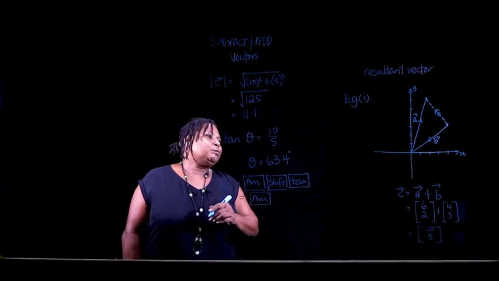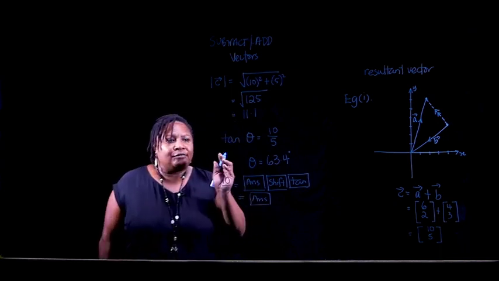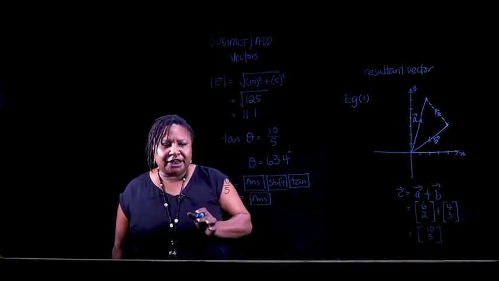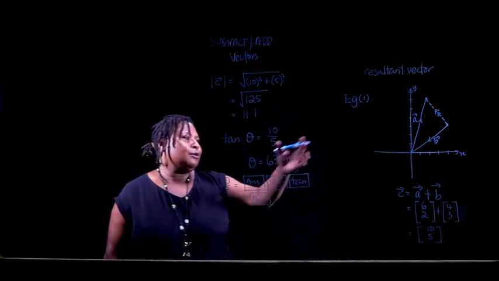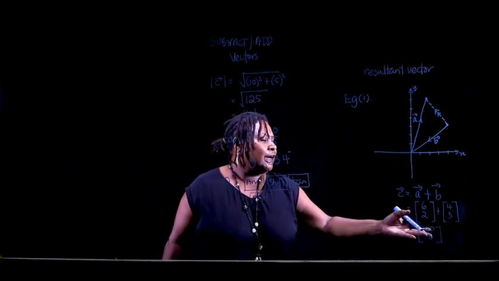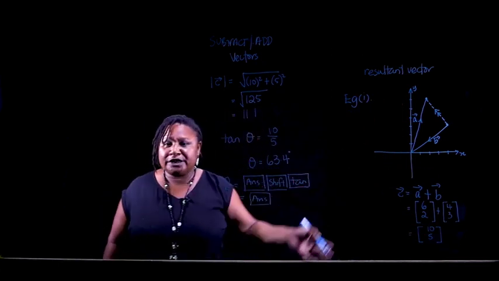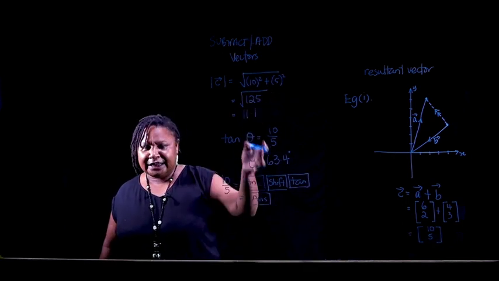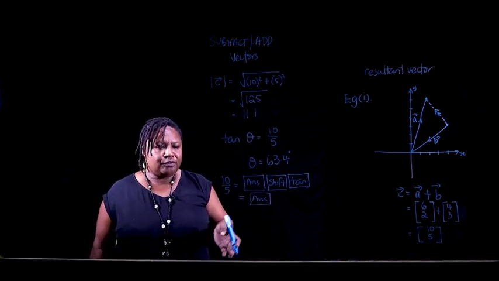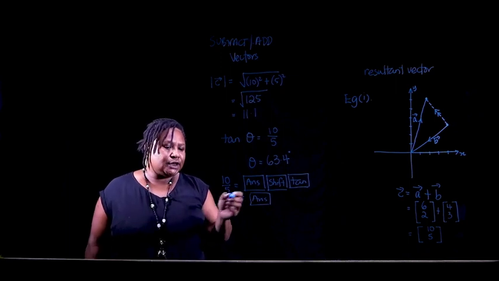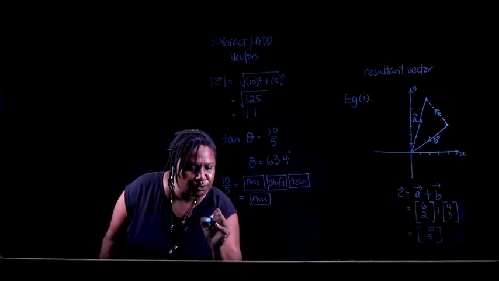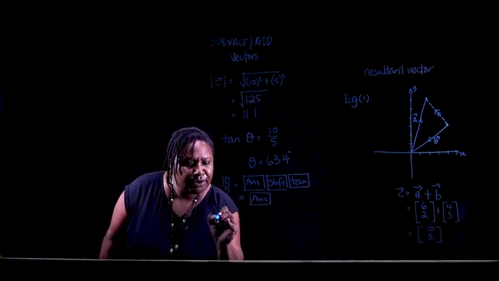Now, very similarly with subtraction, you use the same idea. We need to have the x and y components of the resultant before we can find the length and the direction of the vector. Let's have a look at example number 2.